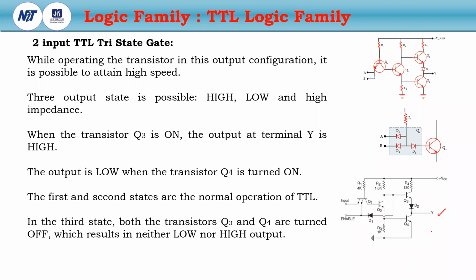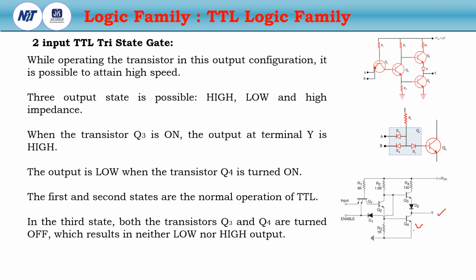When the output is low, Q4 is on, as before. But in the third state, by the controlling input of the diode D1, the output is neither low nor high. It will be in high impedance state.